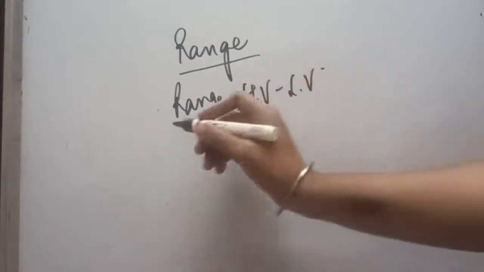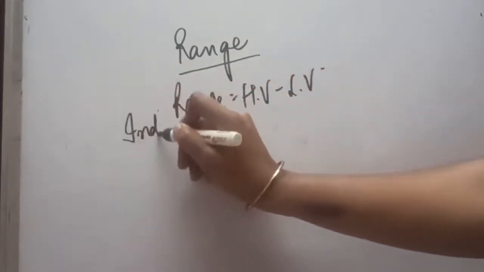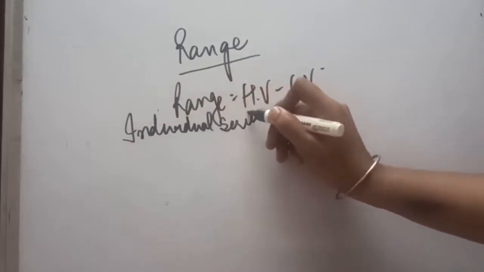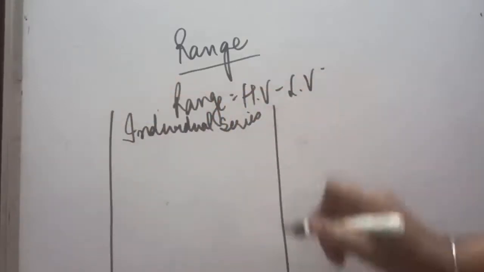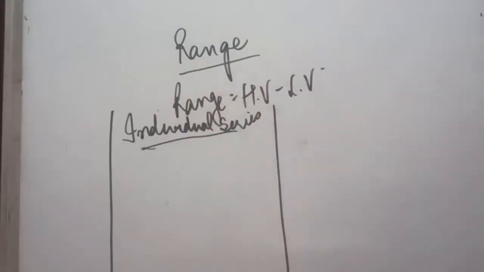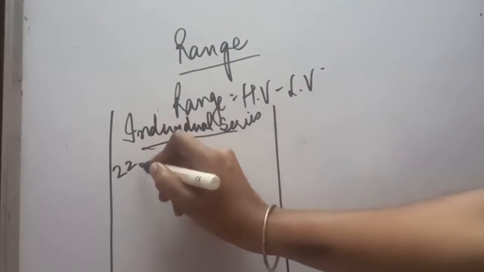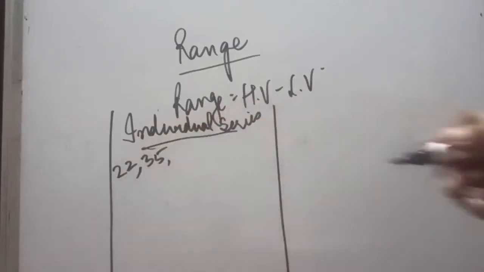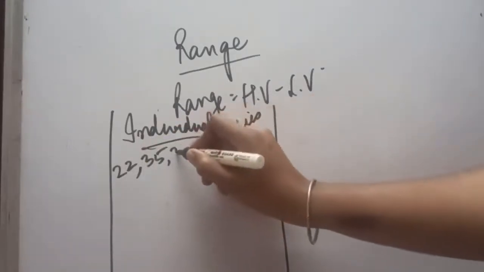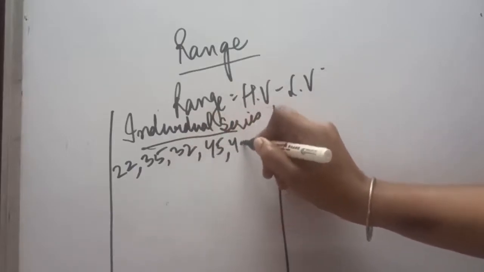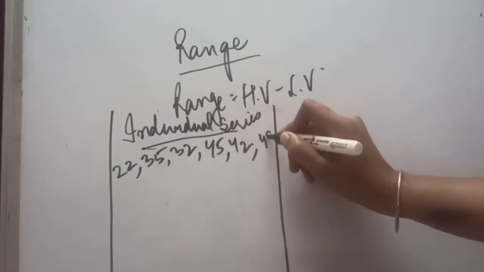So first of all, if we talk about the individual series, in any question you can be given an individual series. Individual series, you all know, is a series in which only x is given. For example, you have been given a series like 22, 35, 32, 45, 42, 48.